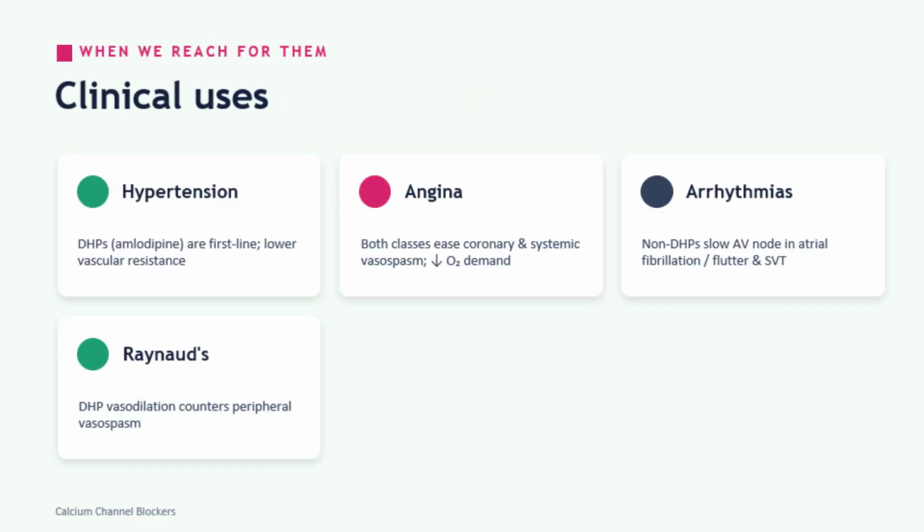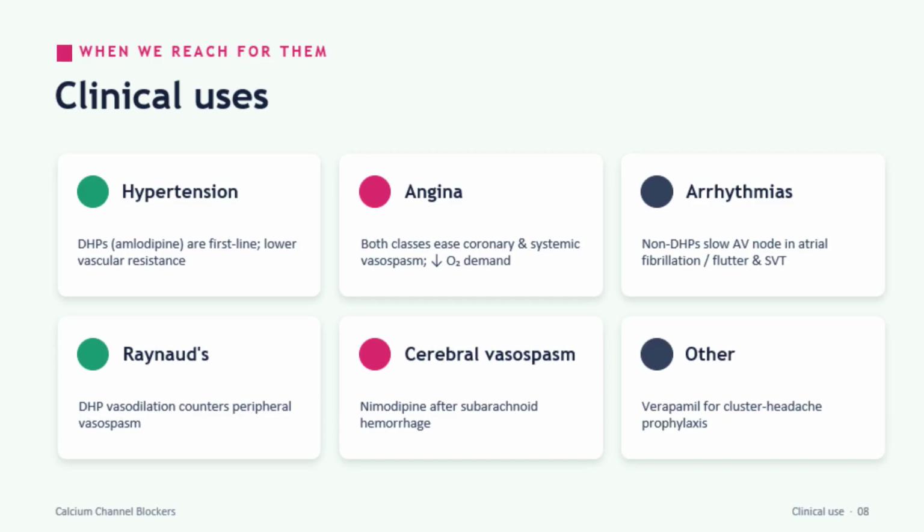So where do we actually use these drugs in real patients? This is the fun part, where the pharmacology meets the bedside. We use calcium channel blockers for hypertension, for angina, for certain arrhythmias, for Raynaud's phenomenon, for cerebral vasospasm with nimodipine, and even, get this, for preventing cluster headaches with verapamil.